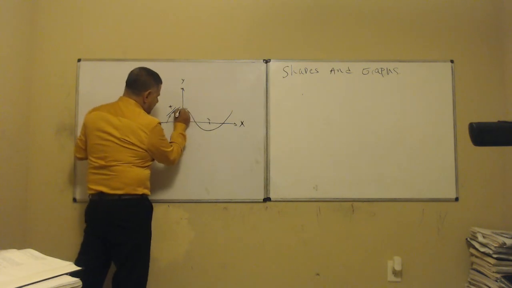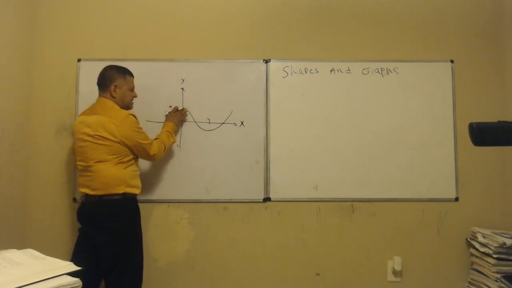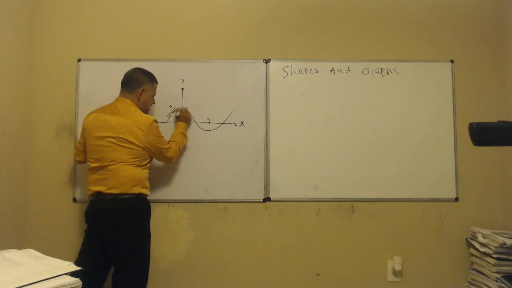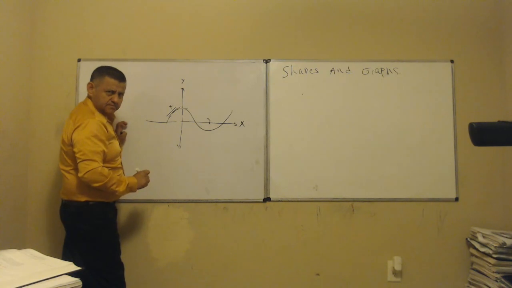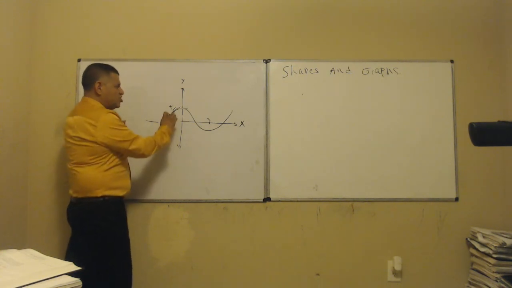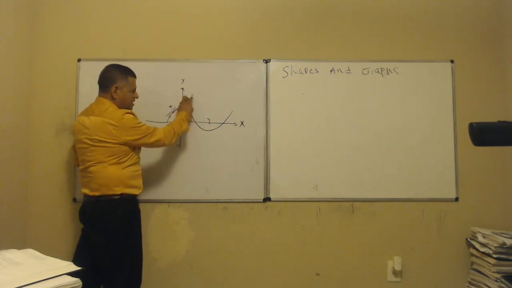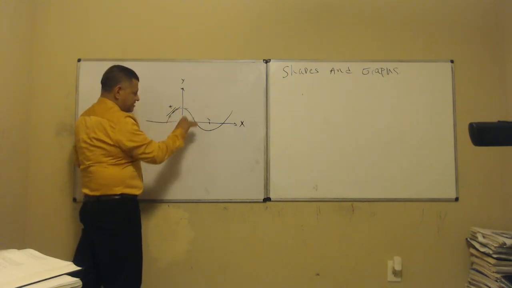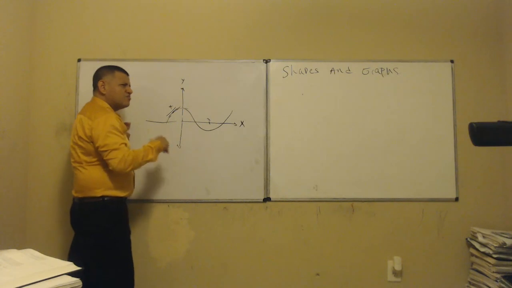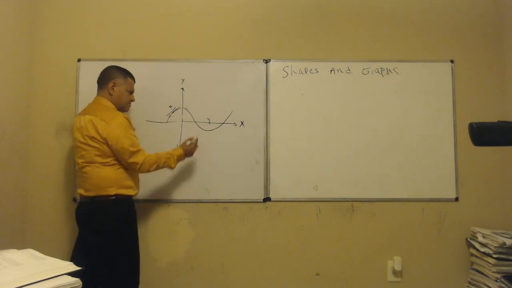If I am going in this direction, well, it is positive. No, it's not even positive or negative because it's the tangent line. It's horizontal. There is no slope. There is no change in x or change in y, right? It's a constant. And the derivative of a constant is 0.